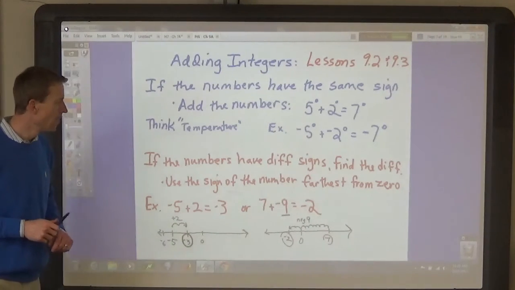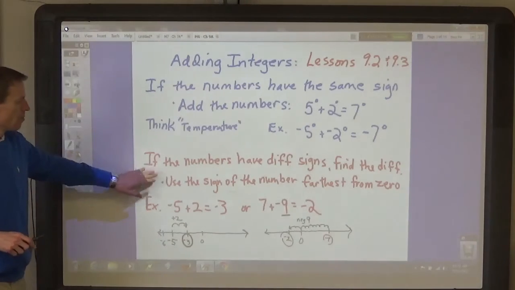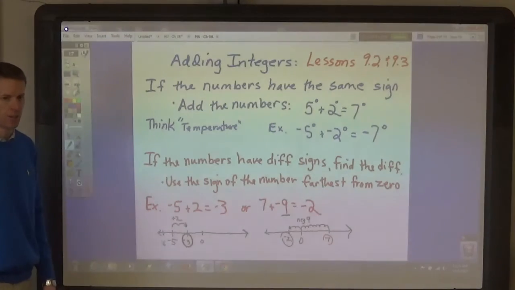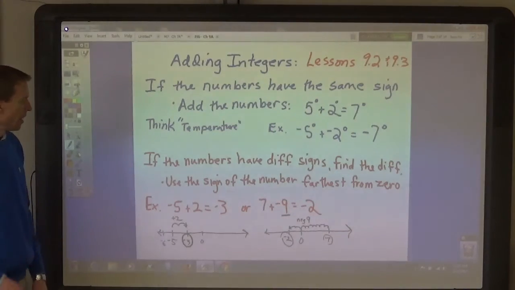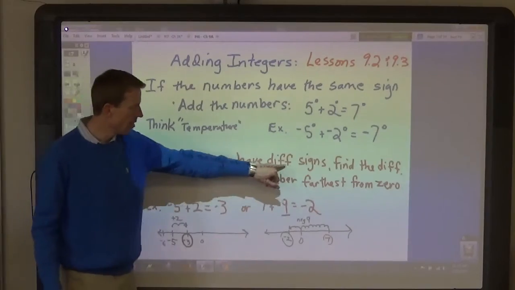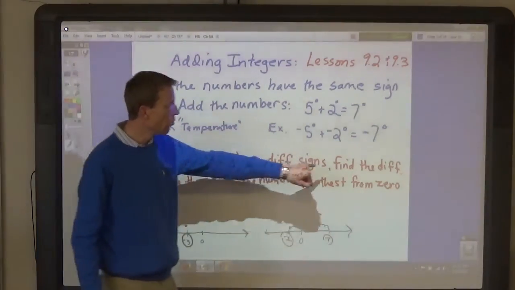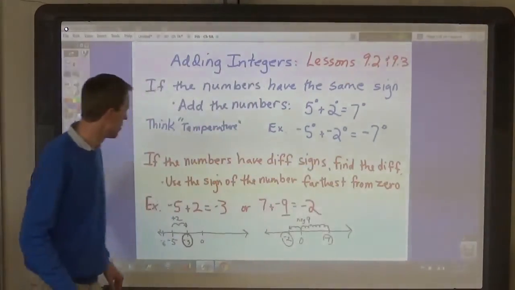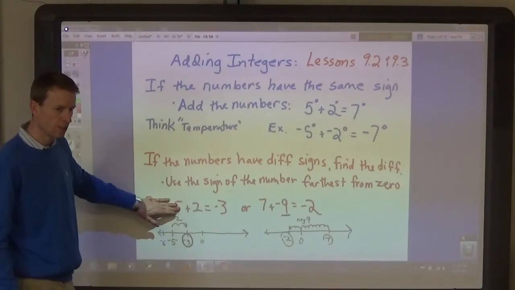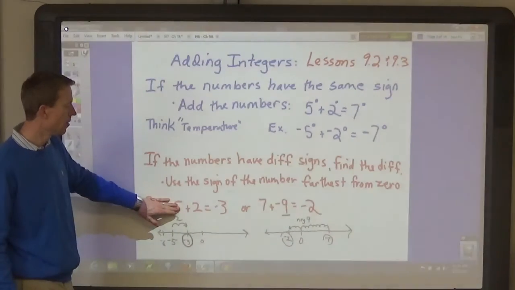All right, then let's get to some numbers that have different signs, where some are positive and some are negative. One is positive and one is negative. If they have different signs, then you find the difference in the numbers. Okay?